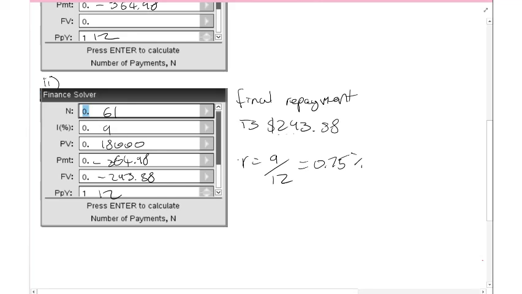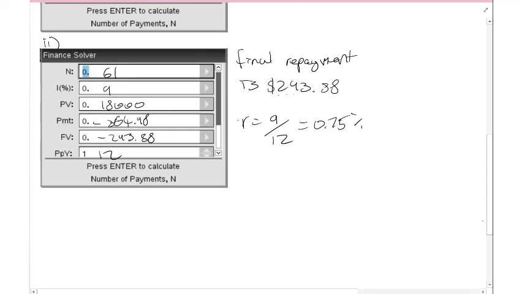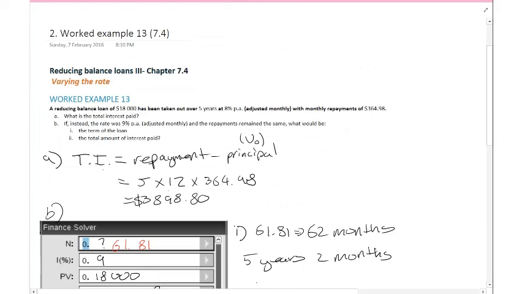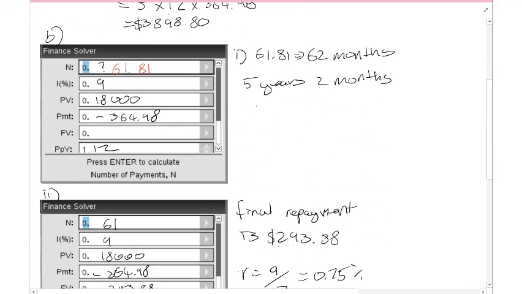Okay. And so I'm going to work out what 0.75% of 293.88 is, and that will give me $2.20. So that's not the final part of the question because it says the total amount of interest paid.